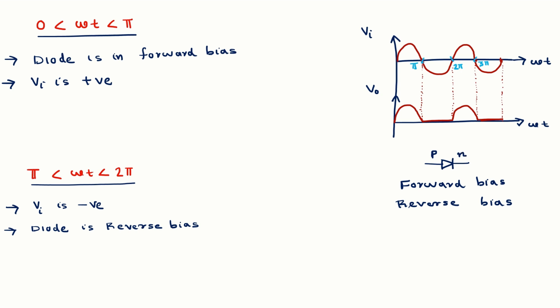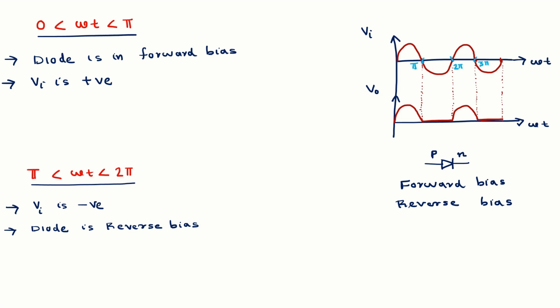Forward bias means when I am applying a higher voltage at the p side than the voltage at the n side, then I can say the diode is operating in forward bias.